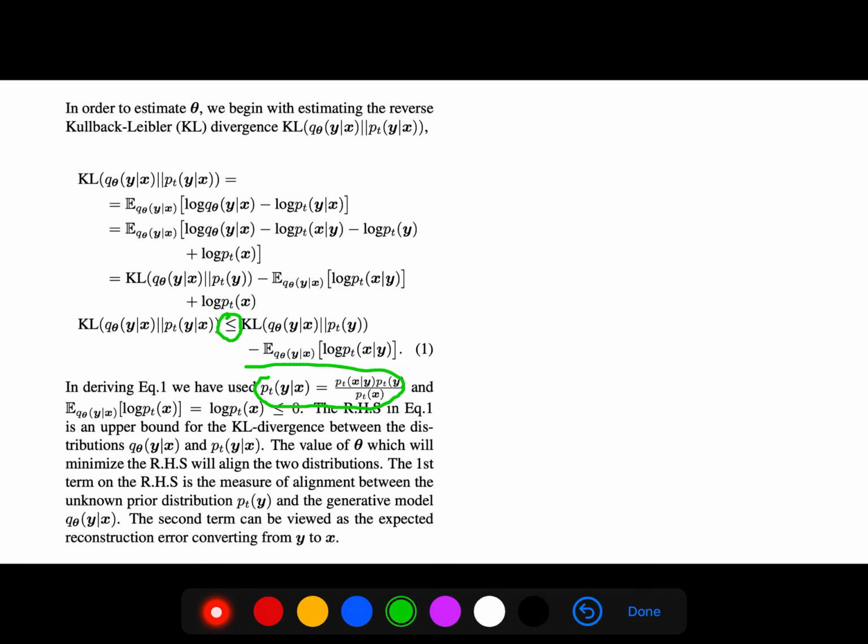The right hand side of equation 1 is an upper bound for the KL divergence between the distribution of Q, which is our approximation, and the real P of T. This P of T is an unknown prior distribution, but we have this generative model Q of T such that we can approximate Q.